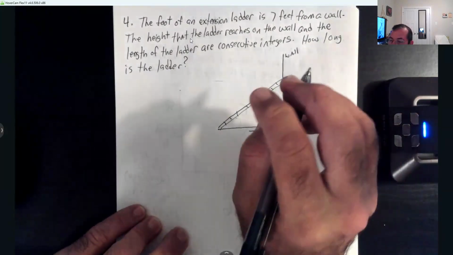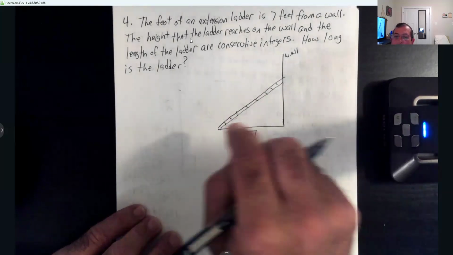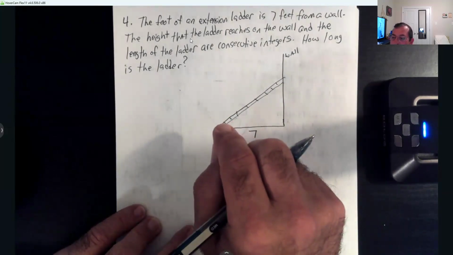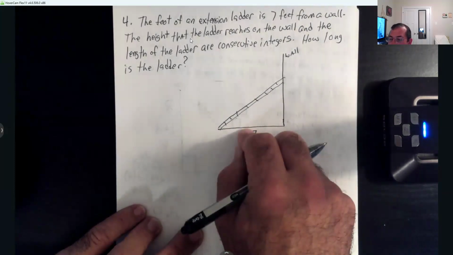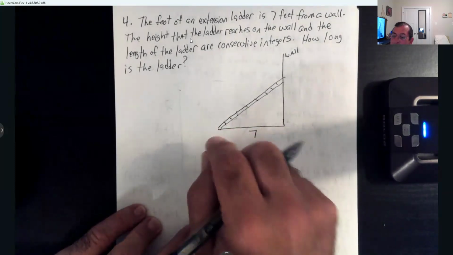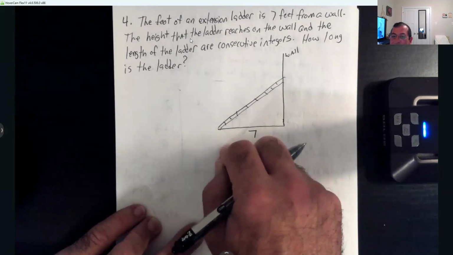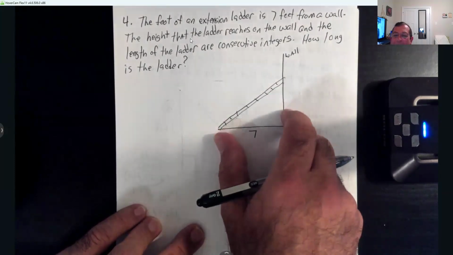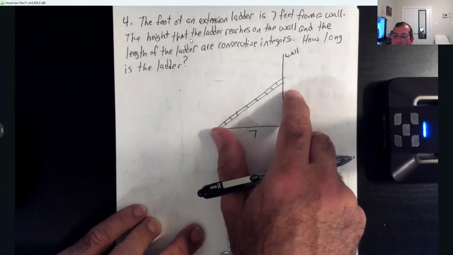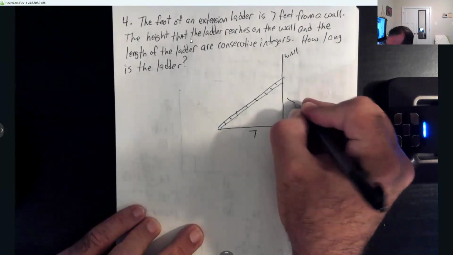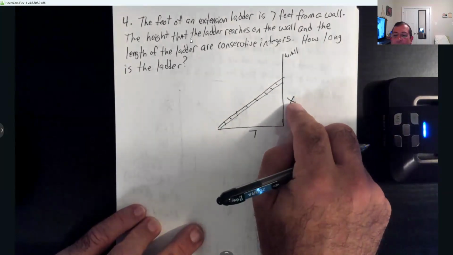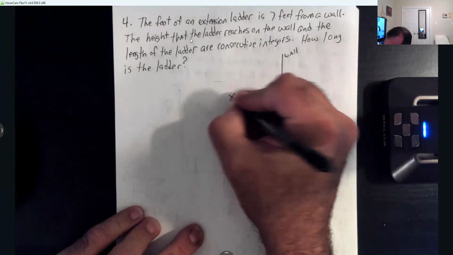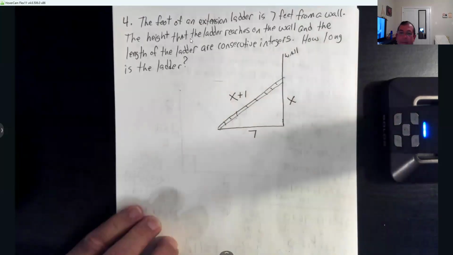So consecutive integers is two numbers that are in a row. Like consecutive integers would be 1, 2, 3, 4, 5, 6, 7, 8, 9, 10. So how do you go from one integer to the next? Well, y'all, if I let this height right here that it reaches on the wall be x, then to go from x to the next consecutive integer, you would take that x and add 1.